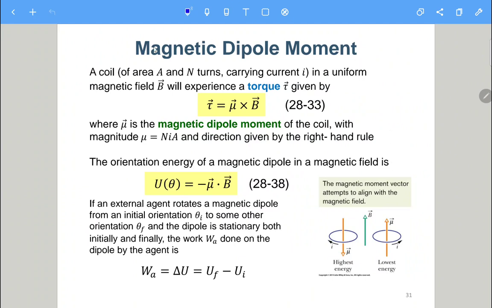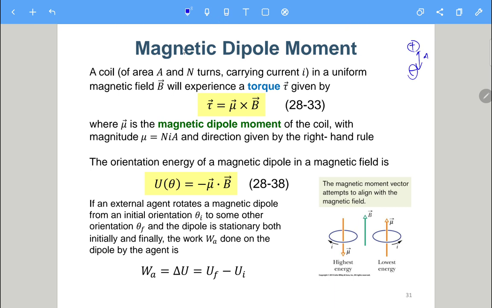So here we talk about a concept called the magnetic dipole moment. So in chapter 22, you know what is electric dipole moment. The difference here is that for charge you can have an independent positive charge or independent negative charge. And at that time, if we have a positive charge and a negative charge with the same amount, keeping a small distance, d, then it is called an electric dipole.